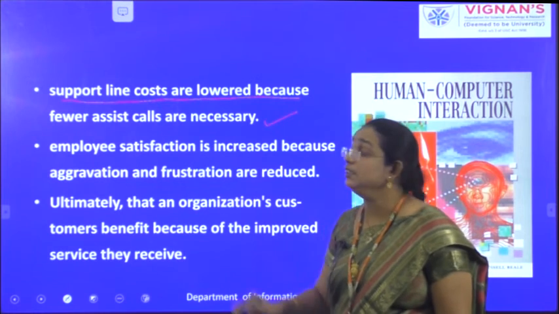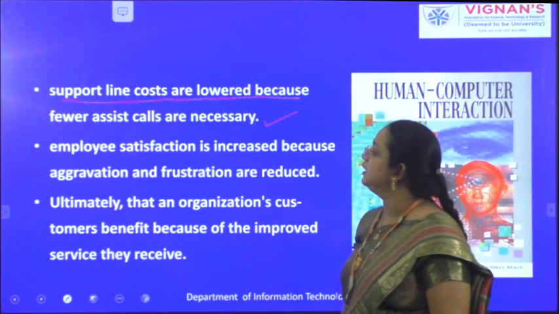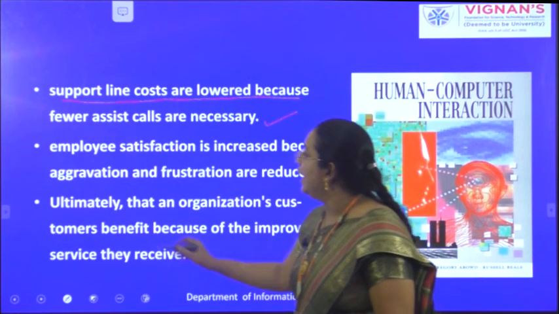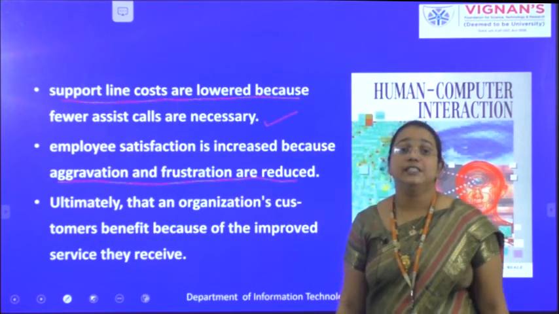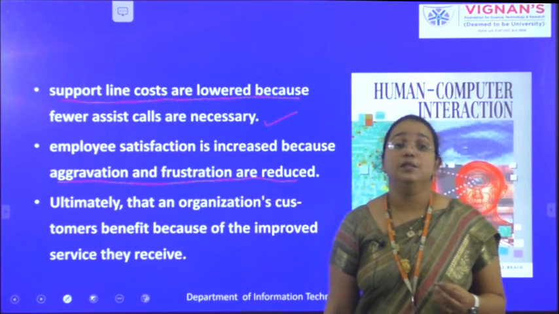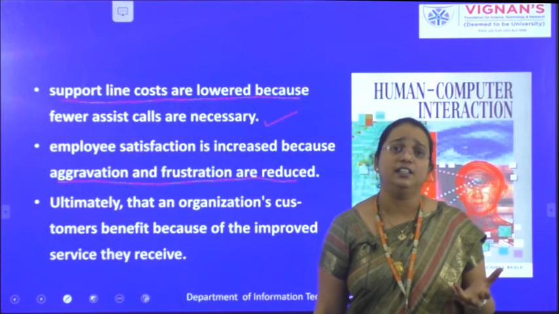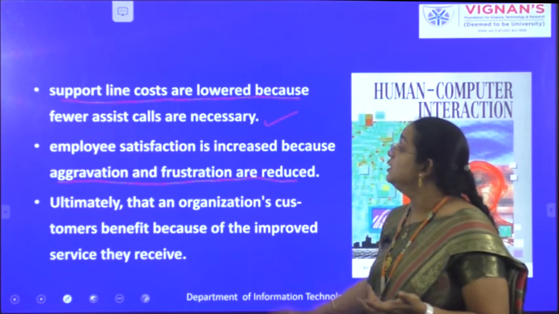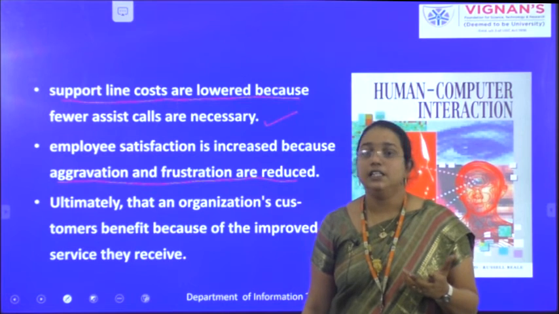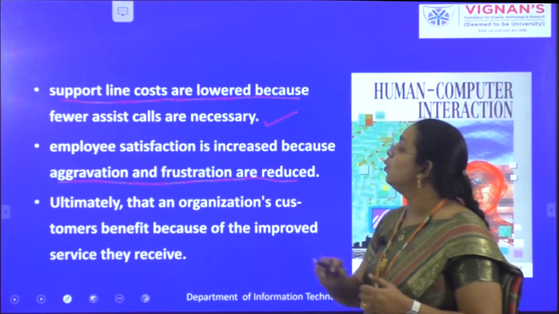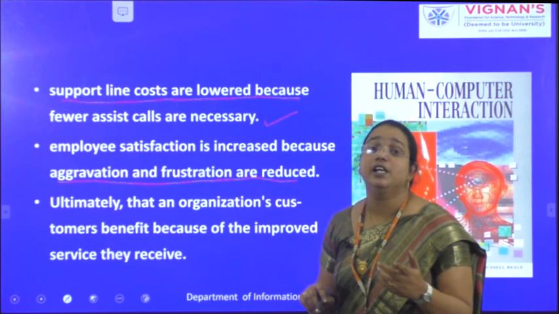If it is bad design, that support cost also increases. And employee satisfaction is increased because aggravation and frustration are reduced. If the screens are badly designed, the people who work with those computers become frustrated. If the screen has good design, employee satisfaction increases because aggravation and frustration have been reduced.